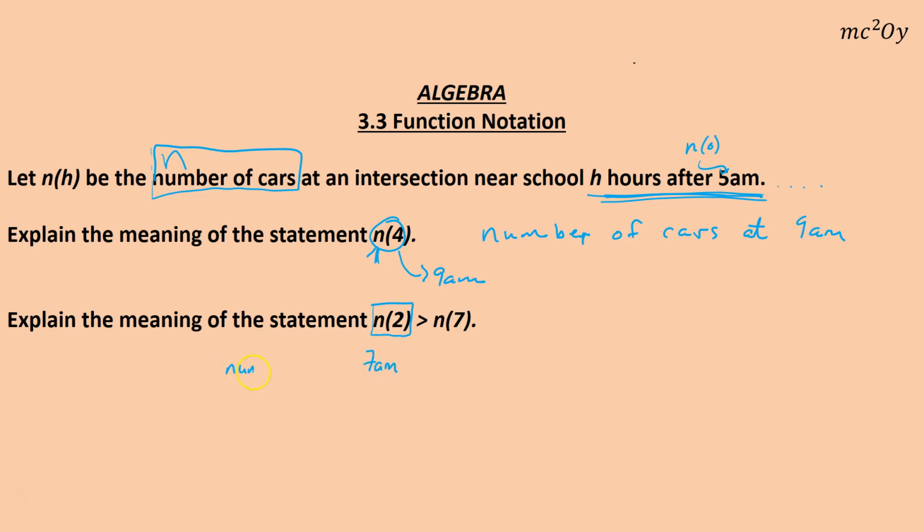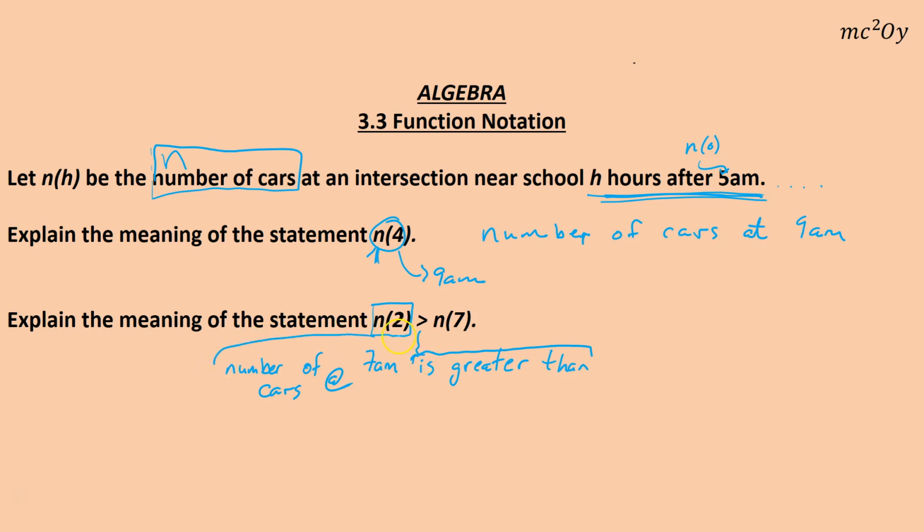So the number of cars at 7 a.m. is greater than, so that's this piece, is greater than there.